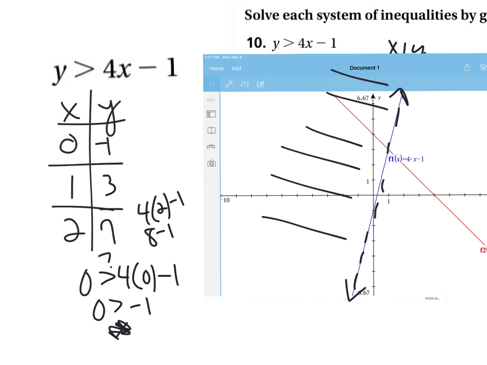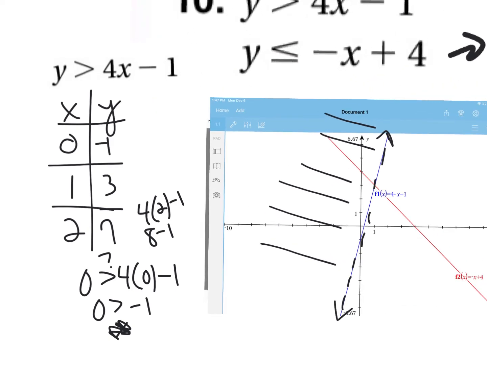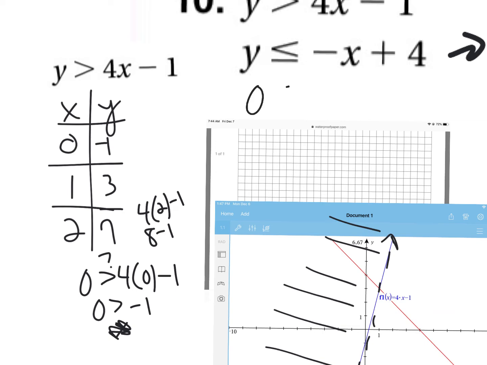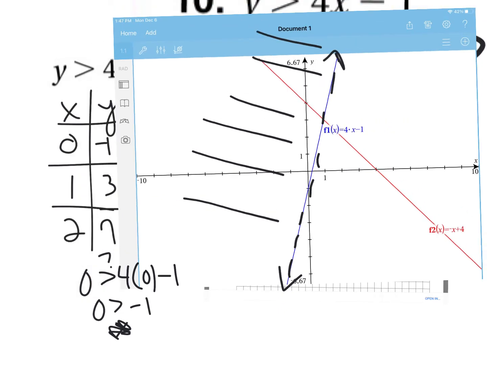And then the other one is, if you tried 0, 0 on it, you'd get 0 is less than or equal to 4, which is true. So we'd shade towards that as well. That's our red line.